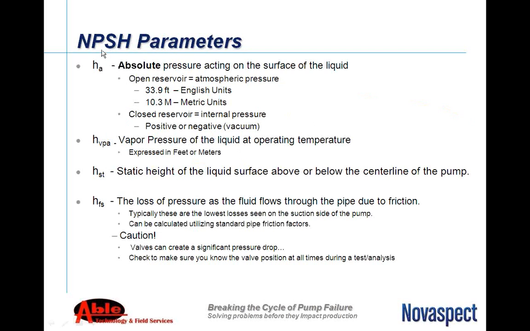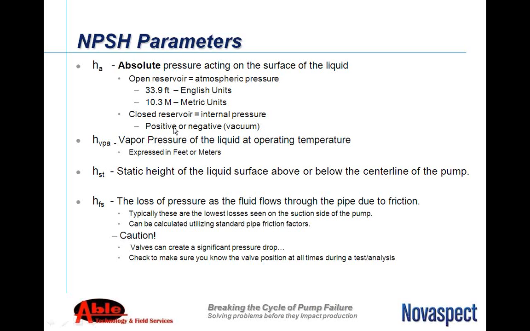Now we talk about the NPSH, the net positive suction head, and its parameters. Absolute pressure is acting on the surface of the liquid. An open reservoir gets an additional 33.9 feet, calculated from 14.7 psi. If you take 14.7 psi times 2.31, you get a calculation of 33.957.